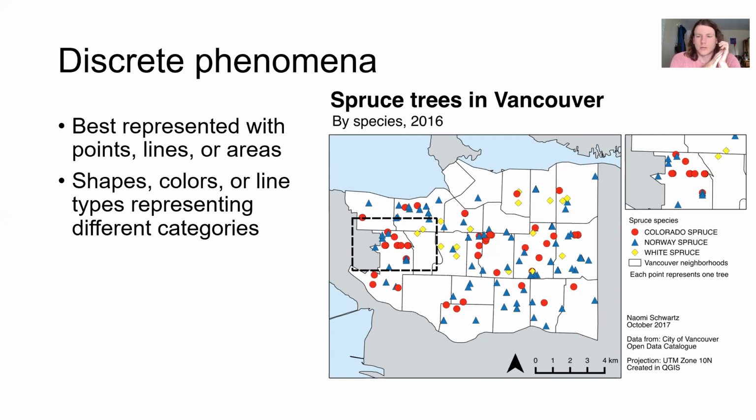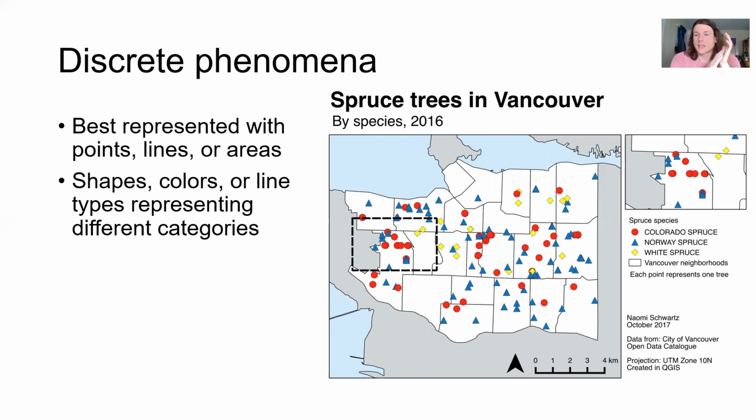And so you're using different points that are in different shapes that are also in different colors to convey what the different species of trees are to the map reader. So it's pretty obvious that a red circle is no more or less than a blue triangle, no more or less than a yellow diamond. It's just different, right? Because the tree species are just different categories. There's no inherent ranking to them.